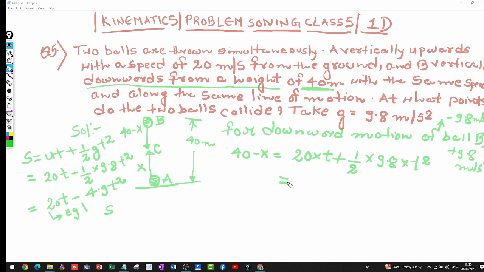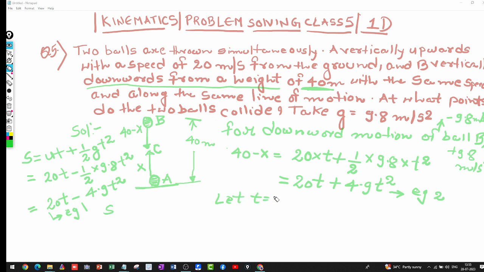So when you solve it, you will get 20t plus 4.9 t square, which I am taking as equation number 2. So let's find out the time.